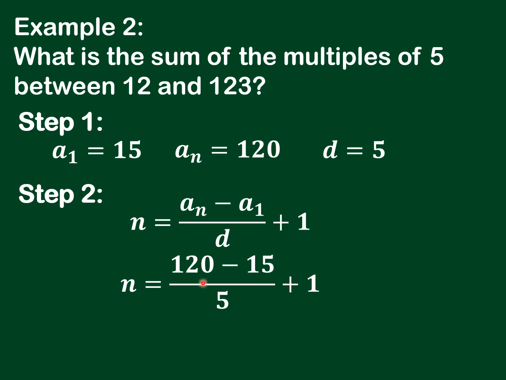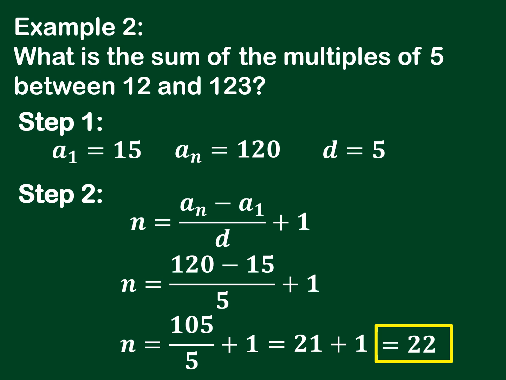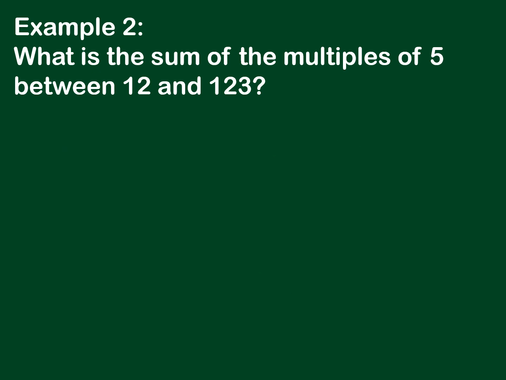Next, we're going to simplify this. 120 minus 15 is equal to 105, and then we will divide it by 5. 105 divided by 5 is equal to 21, and then 21 plus 1 is equal to 22. So the value of n in example number 2 is 22.